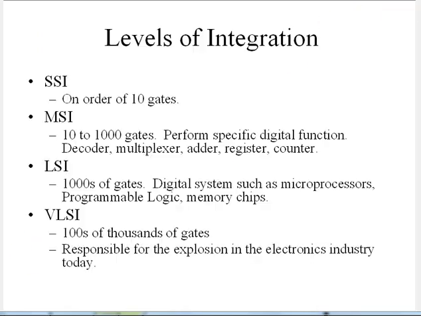So let's also look at different levels of integration. We'll start out working with NANDs and NORs and ANDs and ORs, and those are small scale integration, on the order of 10 gates or 10 transistors within the IC itself. Medium scale integration is on the order of 10 to thousands of gates, that's like the counter that we worked with, the 7493.